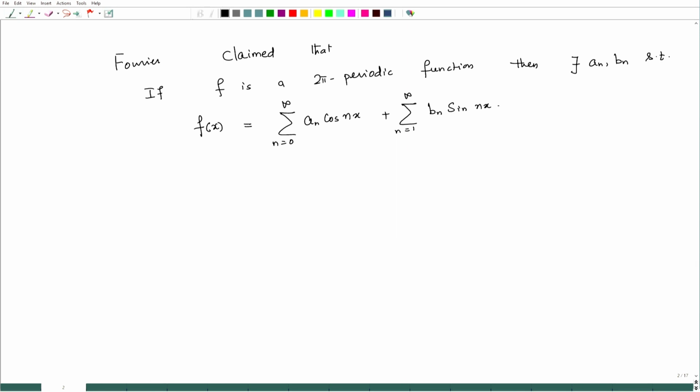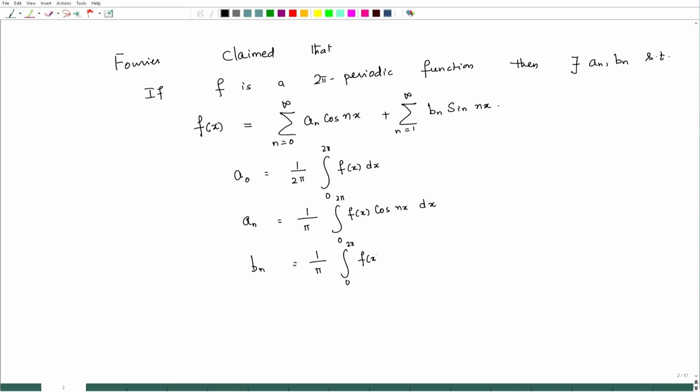Fourier gave a prescription where he claimed that a_0 is equal to 1 by 2 pi integral 0 to 2 pi f of x dx, and a_n is equal to 1 by pi integral 0 to 2 pi f of x cos n x dx, and b_n is equal to 1 over pi integral 0 to 2 pi f of x sin n x dx.